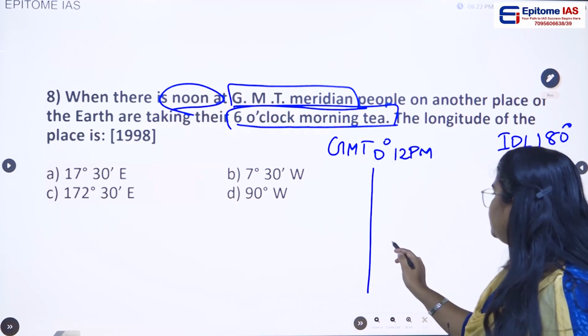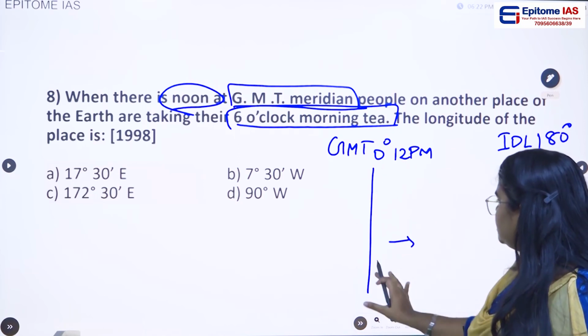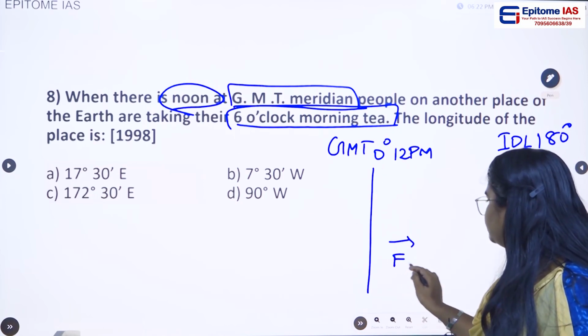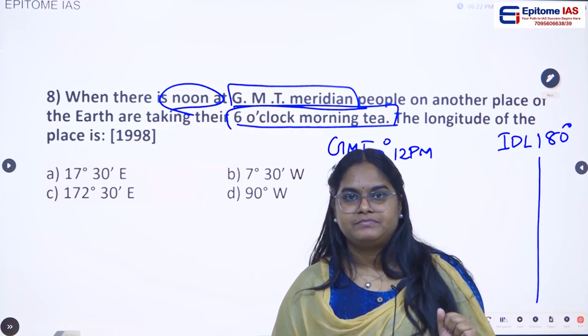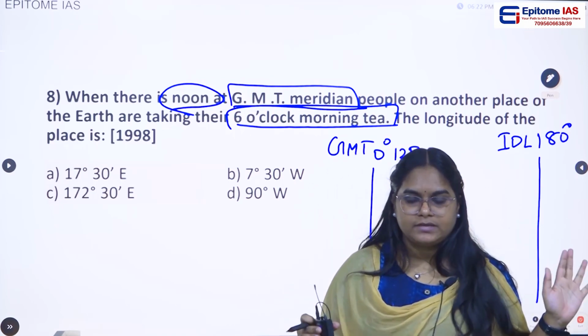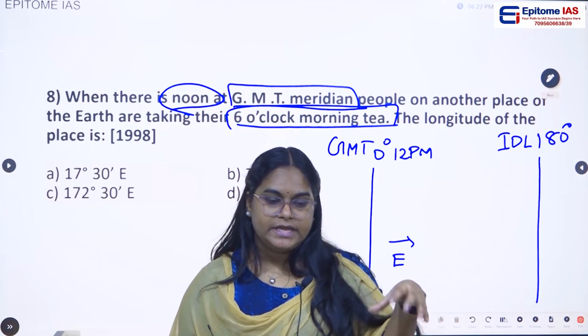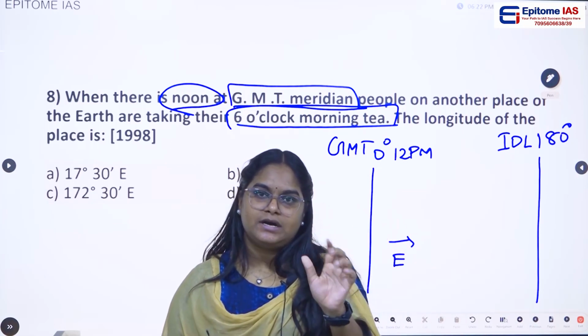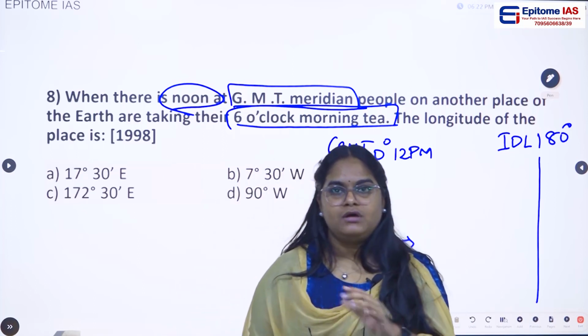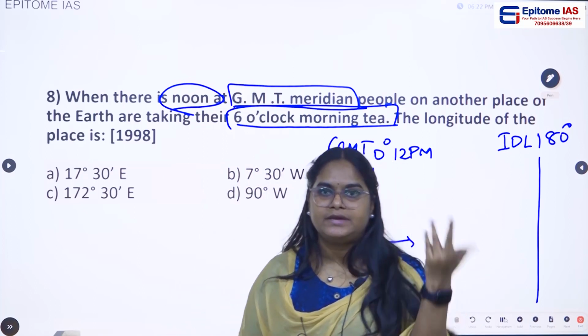Let us see here. When you are moving towards the east from the GMT, will you be gaining time or losing time? Let us take our case. We have Indian Standard Time, IST. Is IST ahead of GMT or behind GMT? Just think.